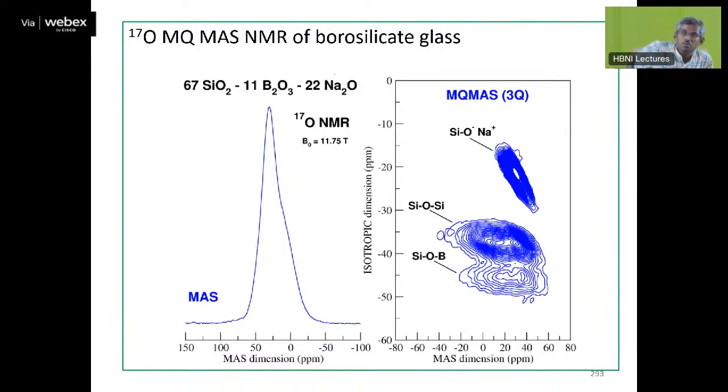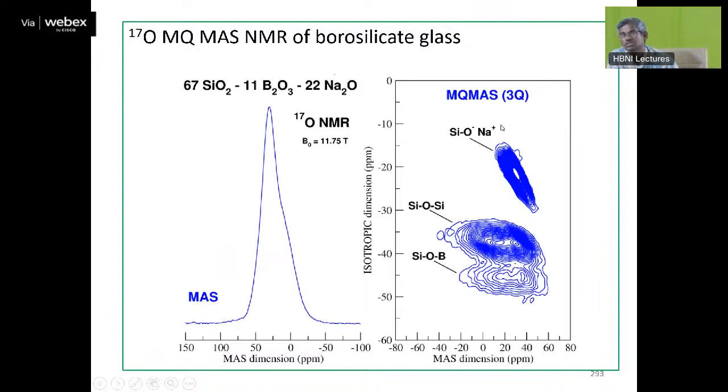All these linkages can be easily distinguished with the help of a multi-quantum NMR technique. In normal NMR you get a broad peak like this with only a slight asymmetry, and from this it is very difficult to get information on what types of silicon or oxygen structural units are present. So you cannot get much information.